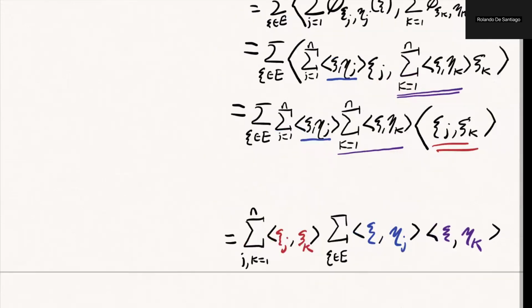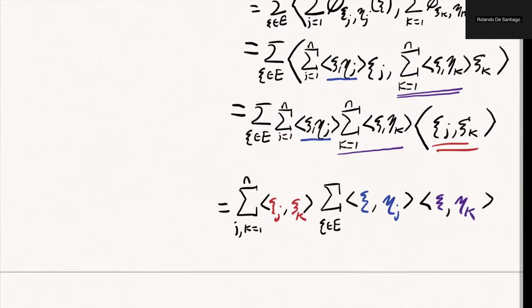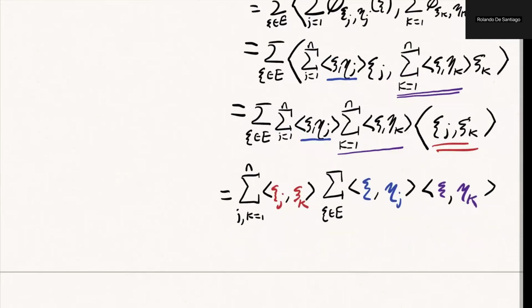All right, so I believe all of those calculations are correct. They are not, because I need to take a complex conjugate here and a complex conjugate here.